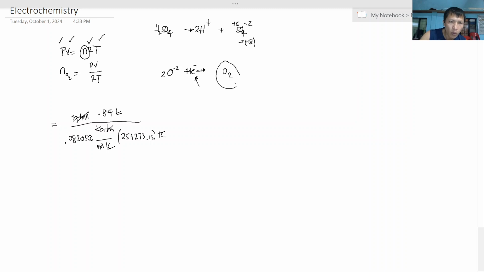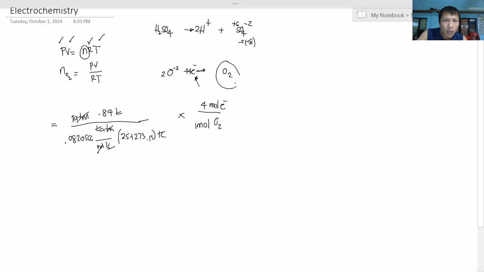So we have the moles of oxygen. Since this is already the mole of oxygen, it goes up because it's in the denominator of the denominator. And then we will multiply it by what? For every 1 mole of O2, you need 4 moles of electrons.